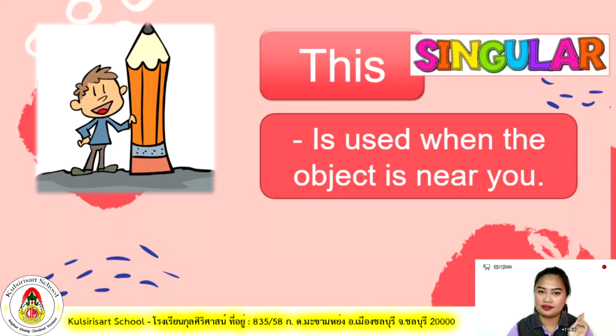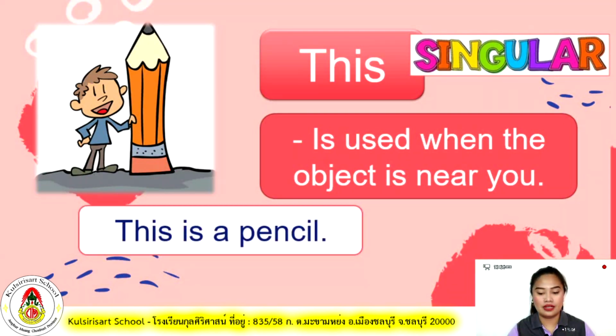What do you think? Singular means only one. Example. This is a pencil. Your turn. Let's all read. This is a pencil.